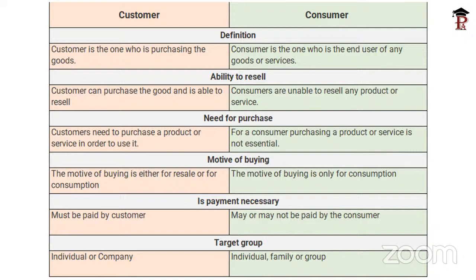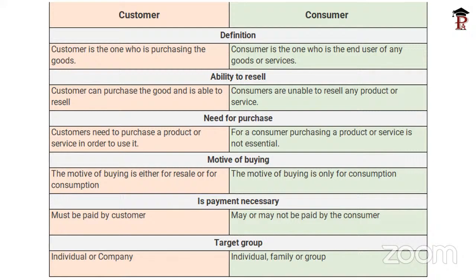Then the second thing is the ability to resell. A customer can purchase the goods and is able to resell them. Like I told you, we are going to a vegetable market, and the vegetable vendor who is selling is a customer. That's a weird thing to understand, but we are the ones purchasing it and consuming it, so we are the consumers.